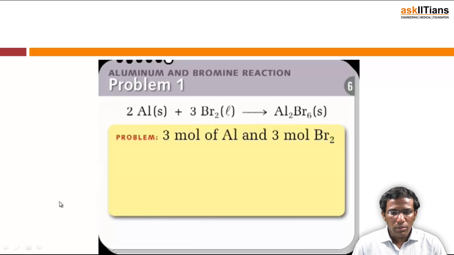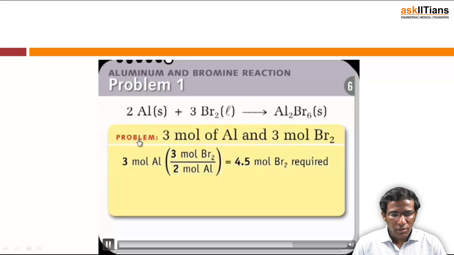Here 3 moles we are taking, but as per the reaction, 2 moles of aluminum require 3 moles of bromine. So if I take 1 mole of aluminum, that requires 3/2 moles of bromine, that is 1.5 moles of bromine.